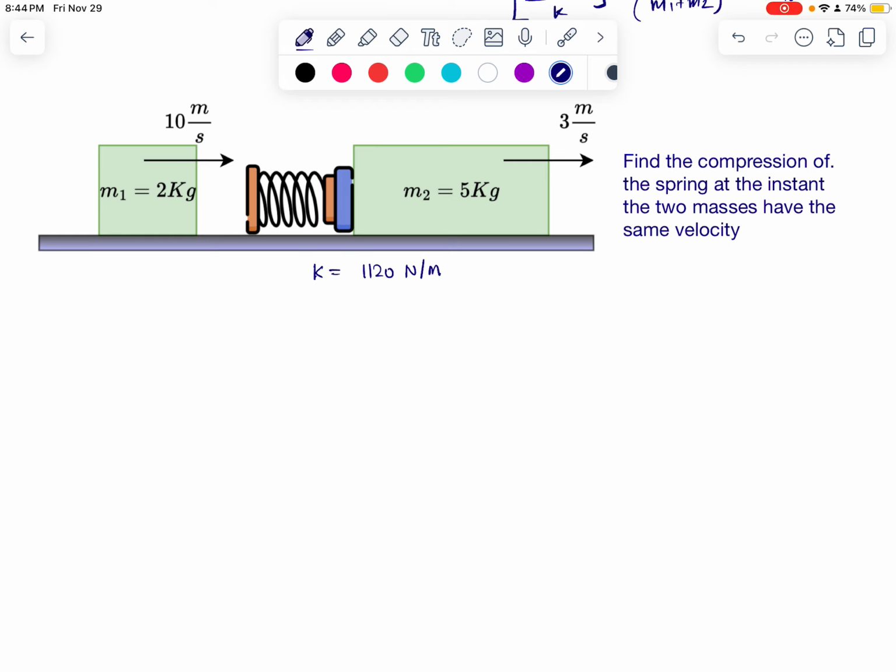The momentum that was there earlier is m1 v1 plus m2 v2, and that equals the final momentum, m1 plus m2 times v, where v is the velocity of both masses moving together. So here we get v equals m1 v1 plus m2 v2 divided by m1 plus m2.